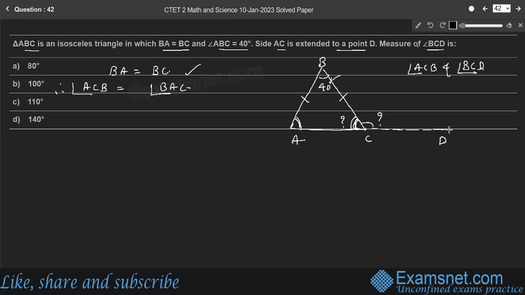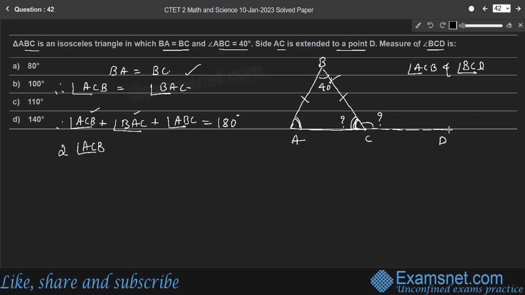So here the third angle is 40 degree. Therefore, we'll consider the sum of three angles in a triangle, right? Angle ACB plus angle BAC plus angle ABC is equal to 180 degree. The sum of the interior angles in a triangle is equal to 180 degree, right? Here ACB is equal to BAC. So we'll consider 2 times ACB, because BAC is equal to ACB, right?